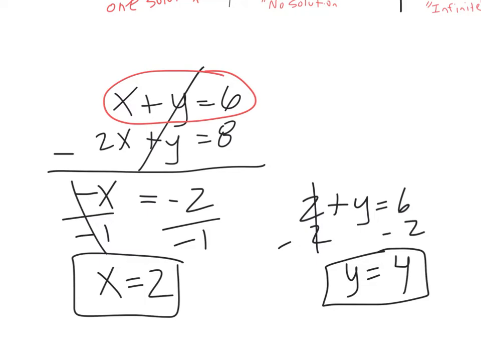This is no different than the ones that we've been doing all along this unit. When we get down to the end of our system of equations, we solve for one variable and then we can solve for the other. That tells us that 2 and 4 for x and y make both of these equations true. Therefore, it's a unique solution. This is a normal system of equations: 2 lines that are going to cross in one spot.